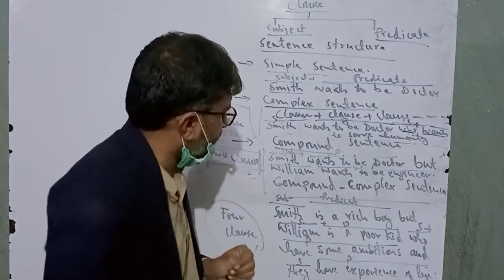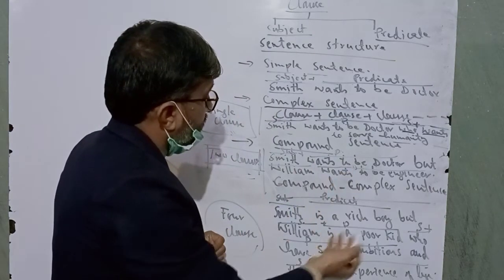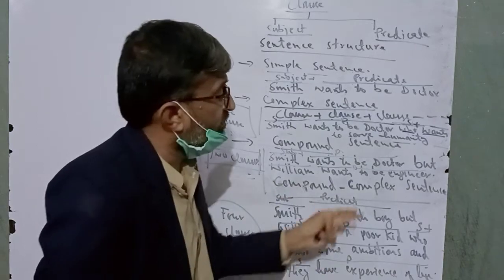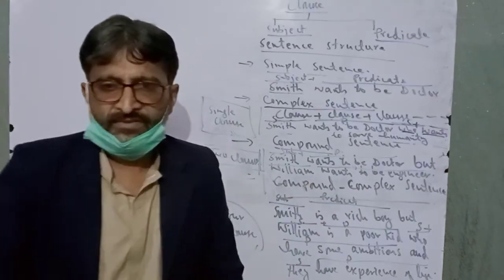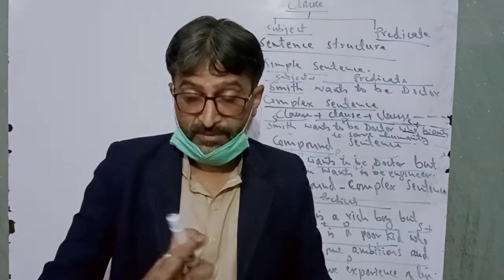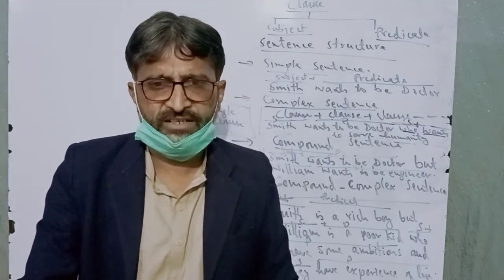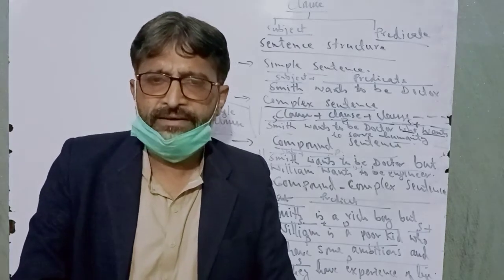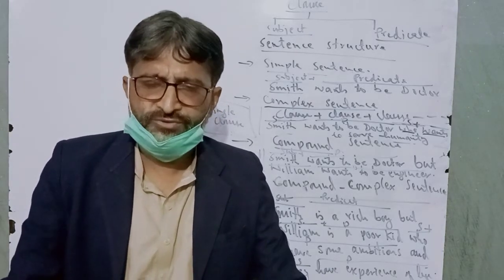So after that, when we are talking about another or fourth kind of sentence, that is compound complex structure. It is just the amalgamation of compound sentence and complex sentence. Both are going to be mingled here. Both are going to be joined here.